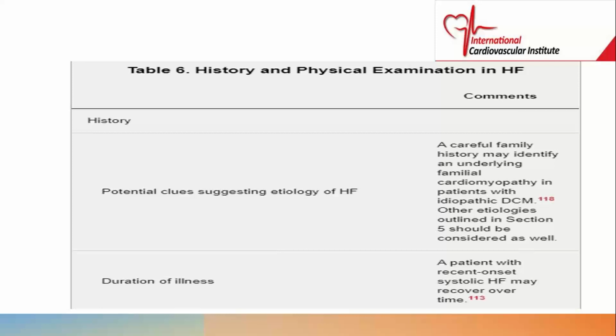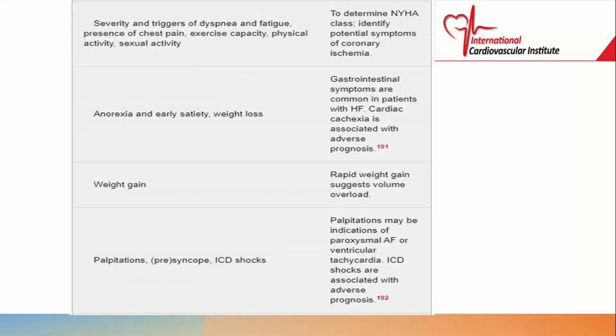You can also get information on the duration of the illness: how long you've been having the shortness of breath, or were you diagnosed with, the patient may tell you, I was diagnosed 5 years ago with heart failure with reduced ejection fraction. So get that good history. Look at the severity and triggers of shortness of breath and fatigue.